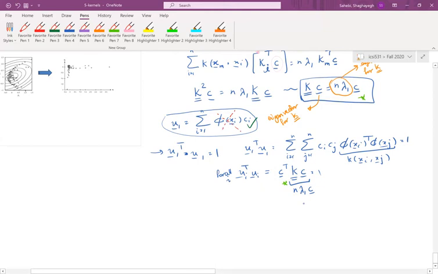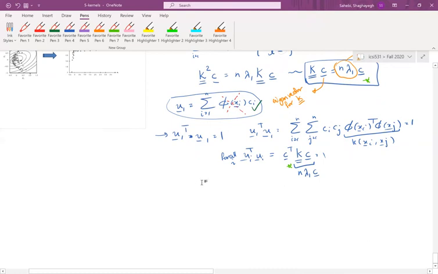Okay, so what do I get? What I'm getting is this. I'm getting that C transpose n lambda 1 C is equal to 1, meaning, because n and lambda 1 are scalars, C transpose C is 1 over n lambda 1.